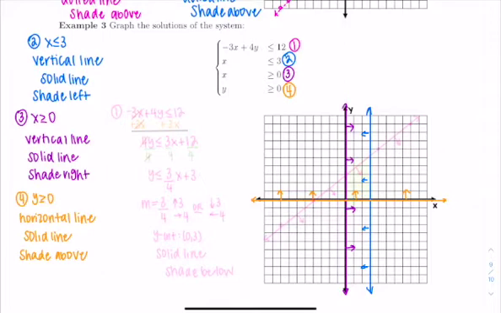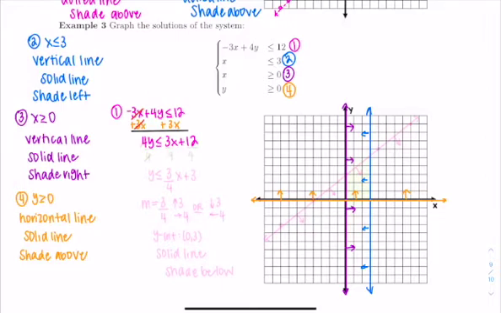And the last equation we've got to fix up a little bit. We've got negative 3x plus 4y is less than or equal to 12. So let's go ahead and put this into slope-intercept form. We're going to add 3x to both sides. So it cancels on the left, and we end up with 4y is less than or equal to 3x plus 12.